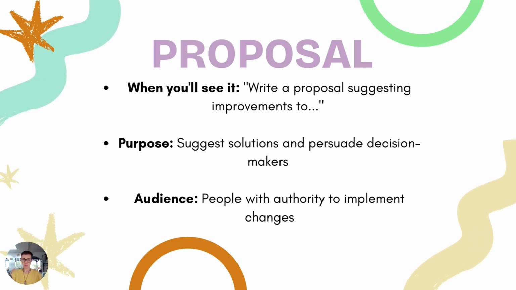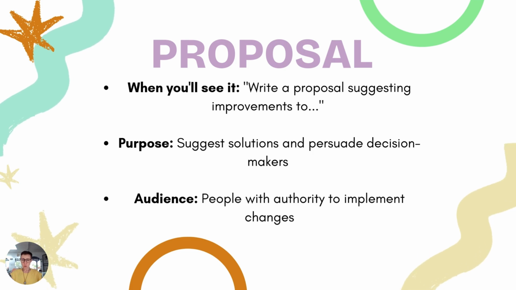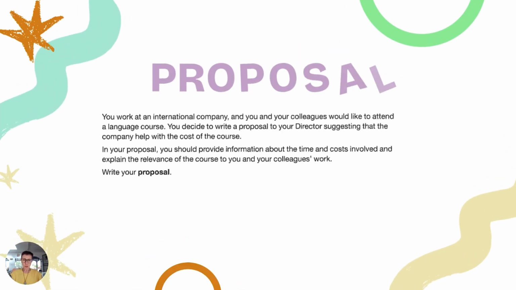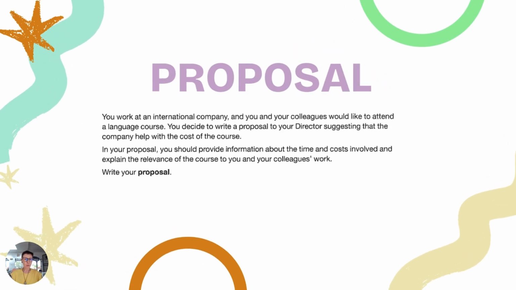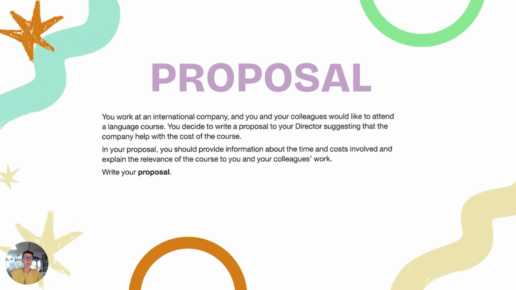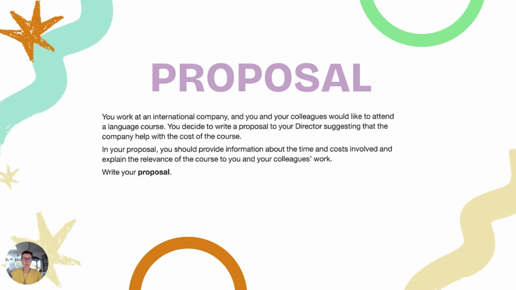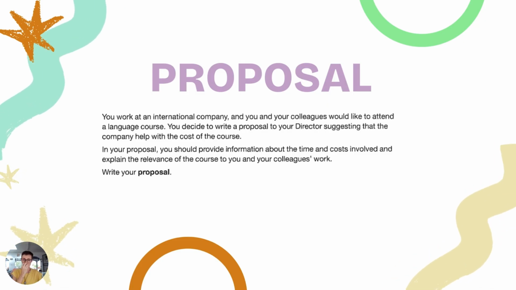We should do this. An example of a proposal could look something along the lines of, you work at an international company and you or your colleagues would like to attend a language course. You decide to write a proposal to your director suggesting that the company help with the cost of the course.